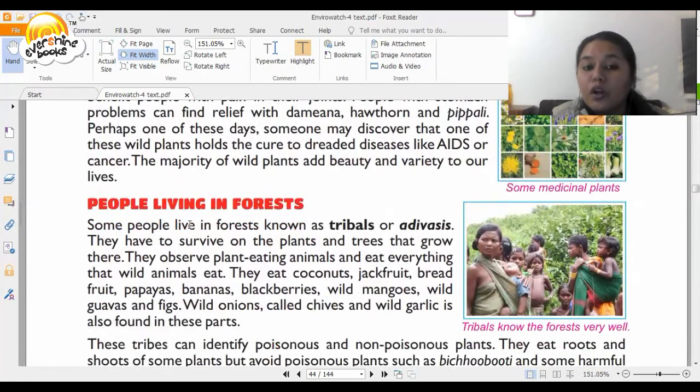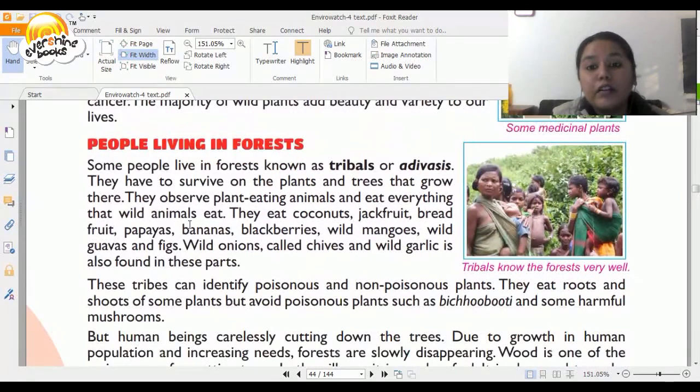Now, we are going to talk about some people who live in the forest. What are they known as? Tribals, or in Hindi, they are also known as Adivasis. They have to survive on the plants. Now, these Adivasis have to survive on the plants and trees that grow there. They observe plant-eating animals and eat everything that wild animals eat.